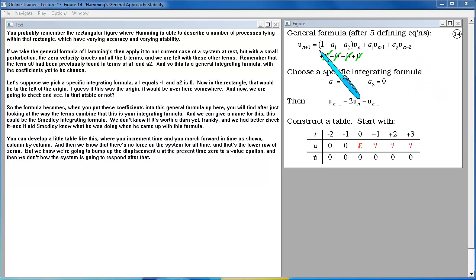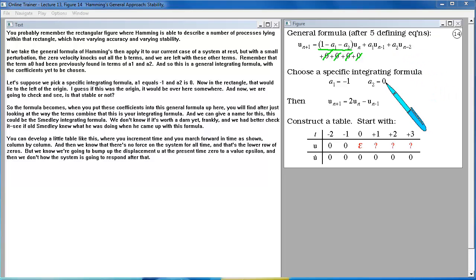Remember that the term A0 had been previously found in terms of A1 and A2. And so this is a general integrating formula with the coefficients yet to be chosen.